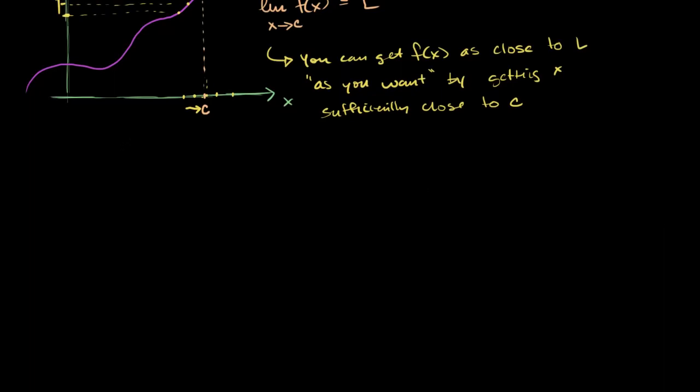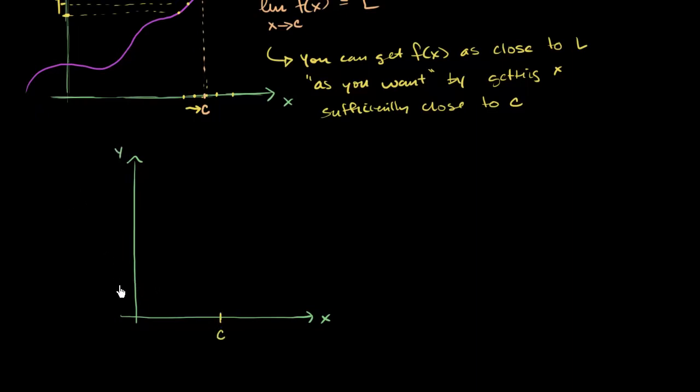I'll draw another diagram. So this right over here is my y-axis, and I'm going to draw a slightly different function just so we can really focus on what's going on around here: the ranges around c and the ranges around L. So that's x, this right over here is y, and let's say that this is c.